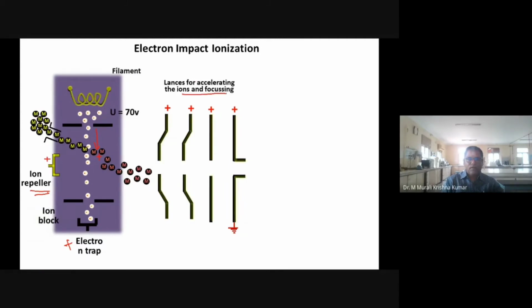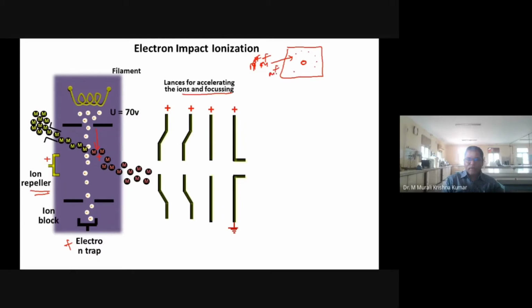Ion focusing plates do two things. These are simply plates with a hole in them. Let's say when M plus ions are traveling, some of the ions may hit these plates and die there.